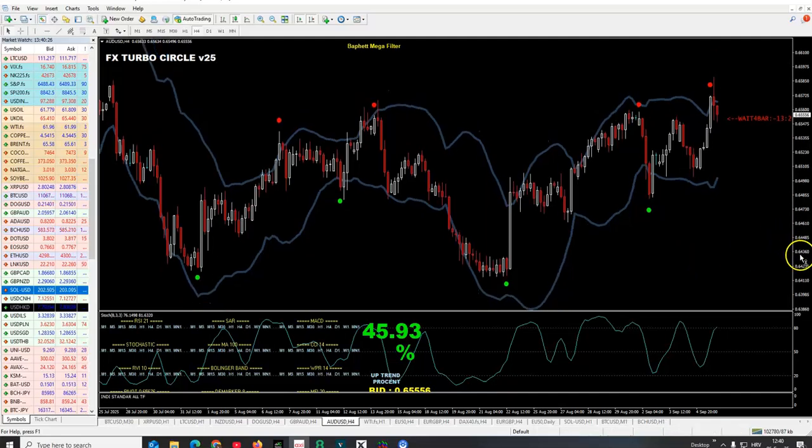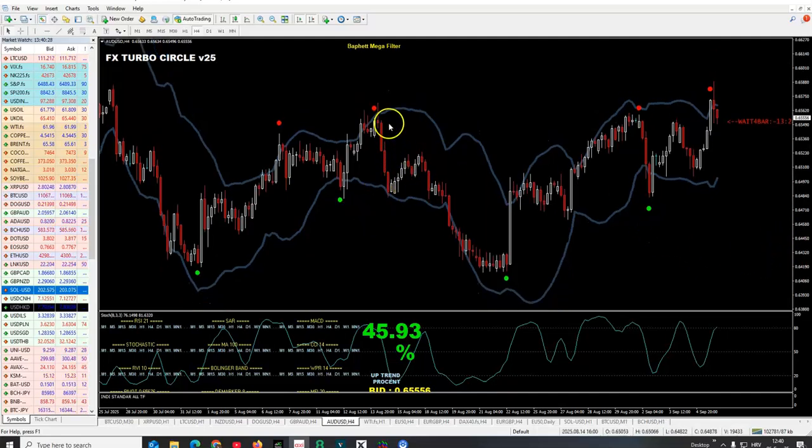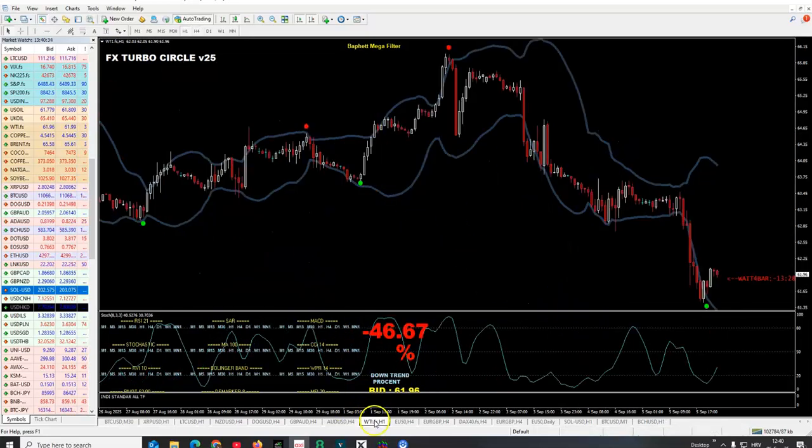So, many examples here. This works best always on a higher time frame, like 1 hour, 4 hour, daily, but it can also be used on 15 minutes, 5 minutes.